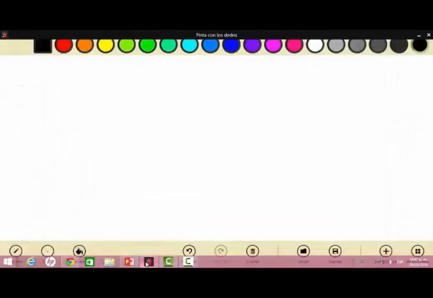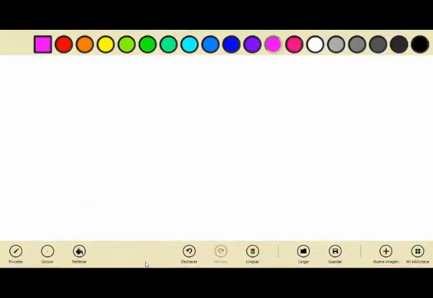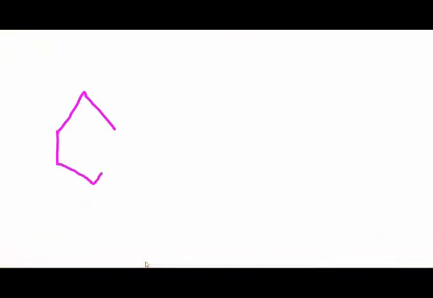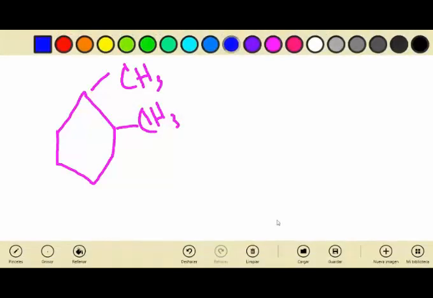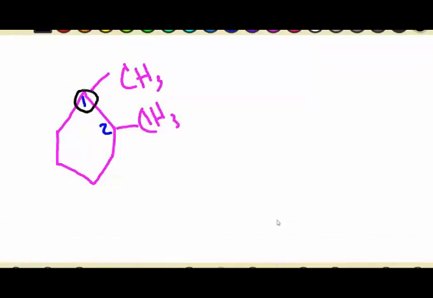Let's apply this with some examples. So, if we have this, what we first have to do is to enumerate our corners, 1 and 2, no matter the order. And then we're gonna circle the numbers where our methyl is located.